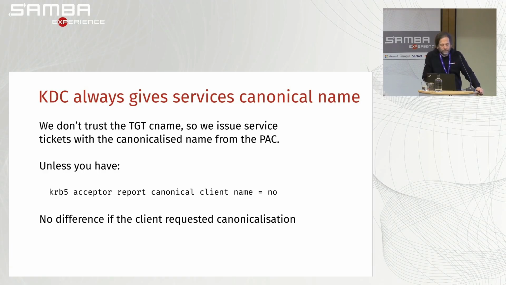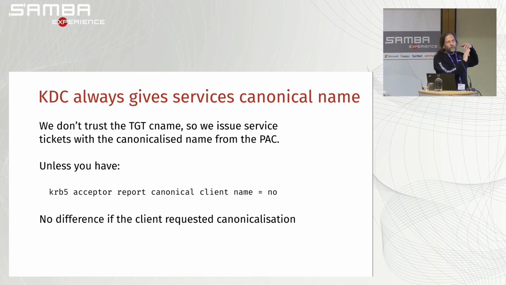Now, if you don't have canonicalization and you don't trust the name, which once you've read the last slide, you've probably set everything up, so you don't need to worry about this one.